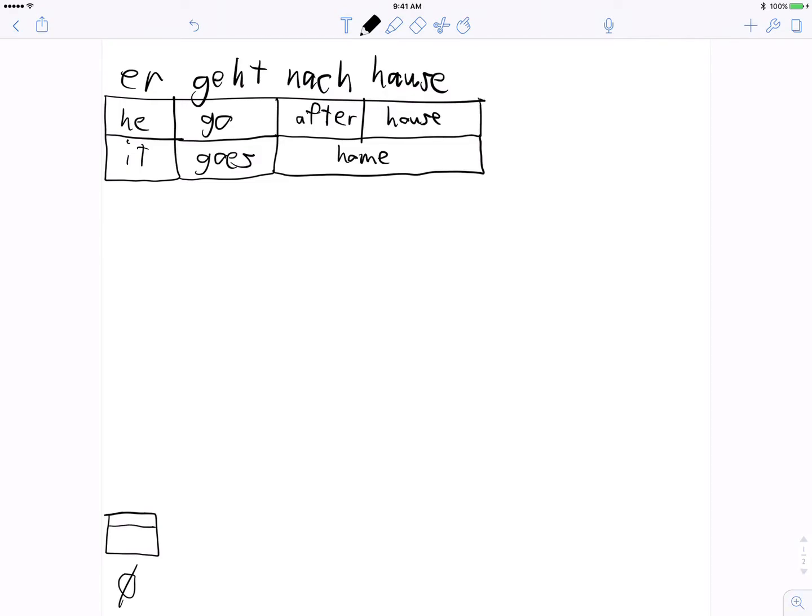More importantly, I'm going to delineate this top section of the box with 4 squares. Here, here, here, and here. The fact that they are empty indicates that the first word has not been translated, the second word has not been translated, the third word has not been translated, and the fourth word has not been translated.